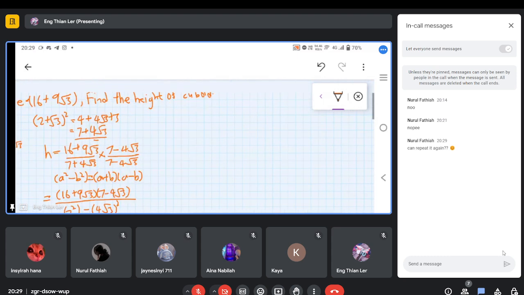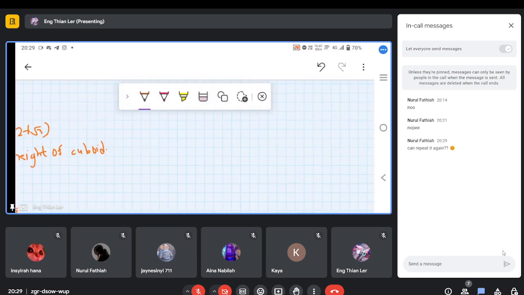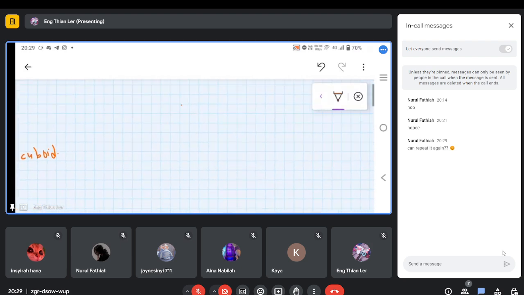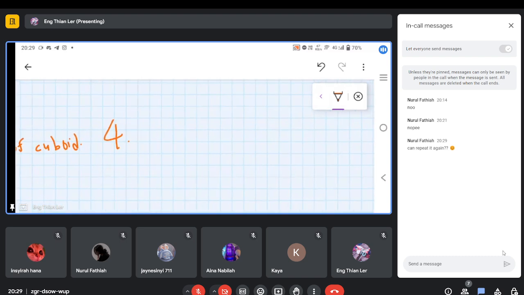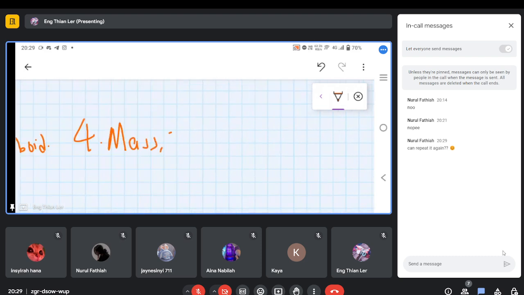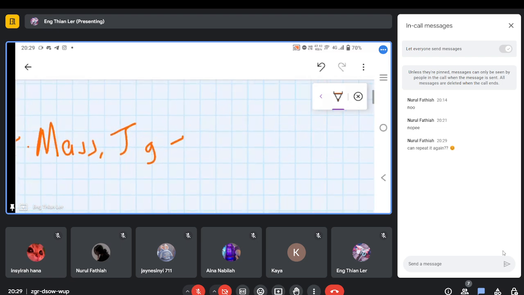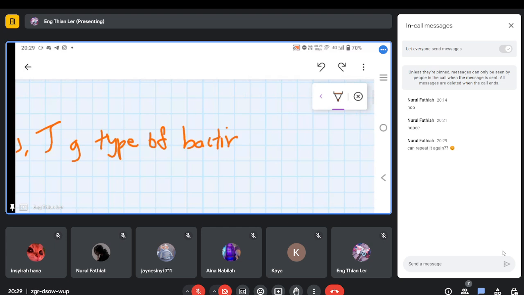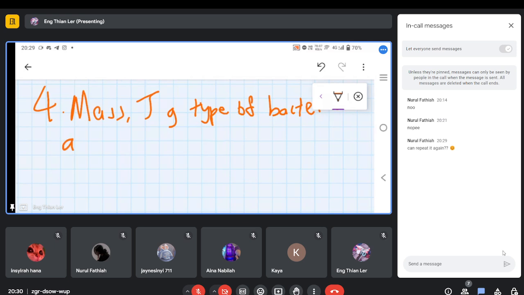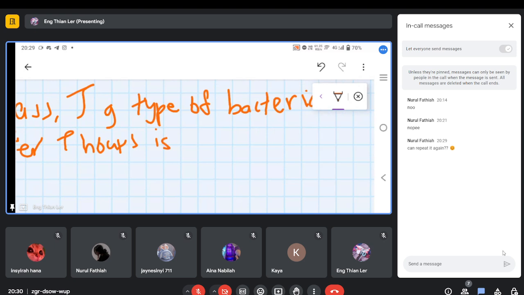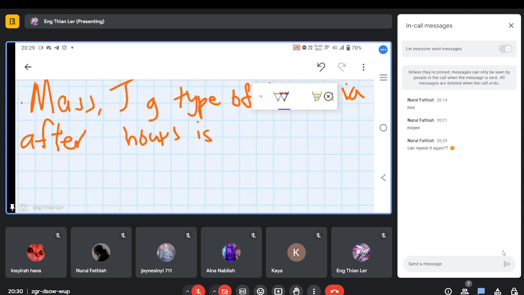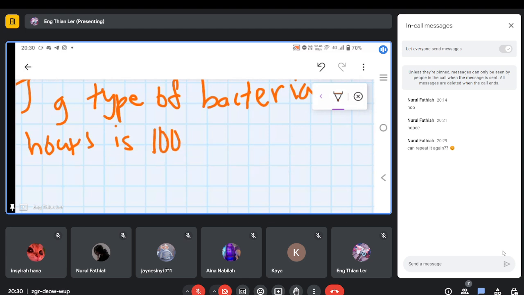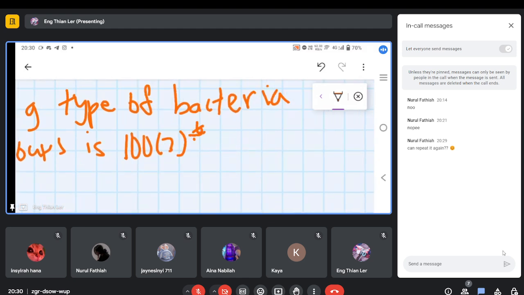Okay. So next we have the bacteria, the mass, J grams, of bacteria at T hours, 100 times 3 to the power of T over 10.